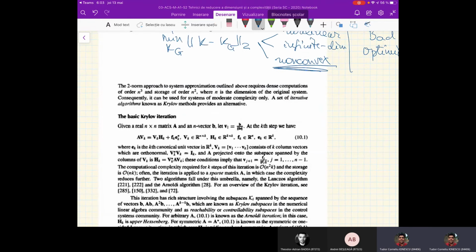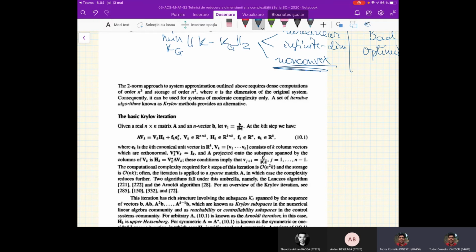Solving this problem requires dense computation of order n to the power 3, which in general is bad, and storage of n squared. So you need a lot of storage and a lot of computational effort, where n is the dimension of the original system. Consequently, it can be used for systems of moderate complexity only. Balanced truncation, for instance, is used only for moderate dimensions.